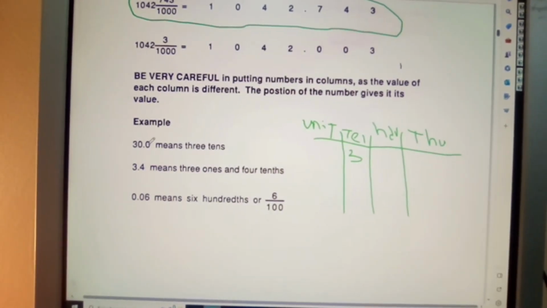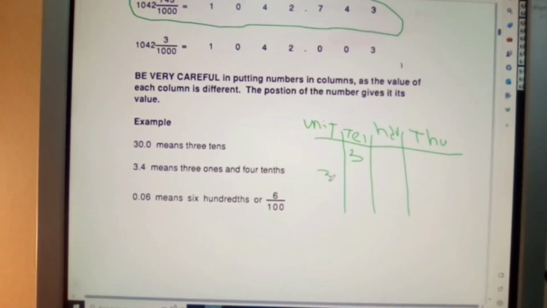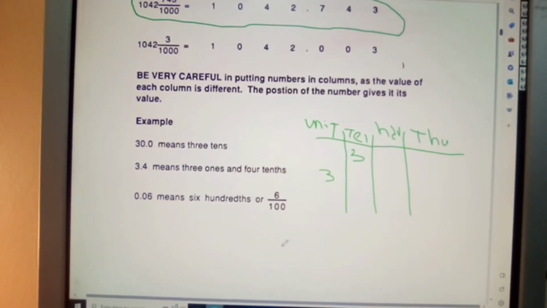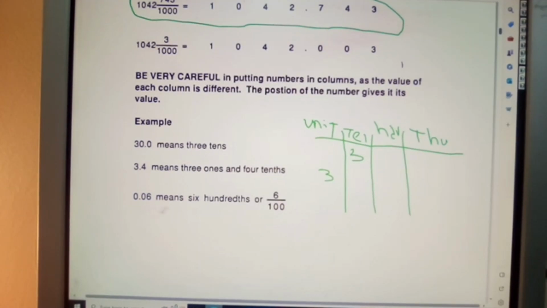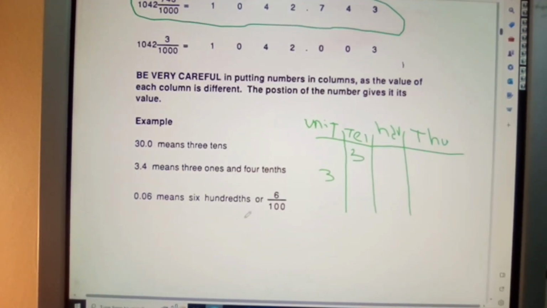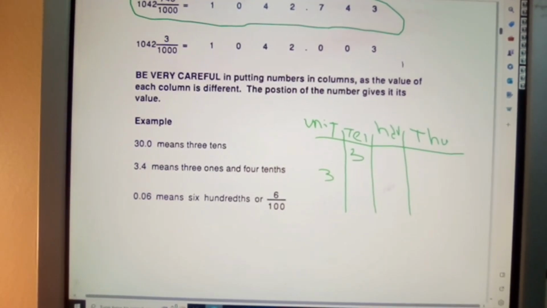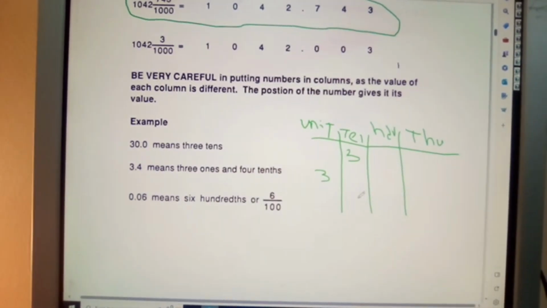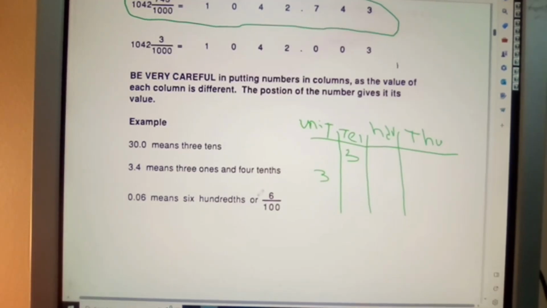Three would be 3 units, and somewhere past that I would have gone to a decimal point, 0.4. And again, 0.06 means 6 hundredths. But I'm looking at this from the perspective of whole numbers, so you need to look at that for yourself and interpret this in your own way.